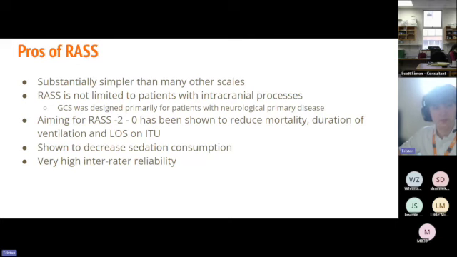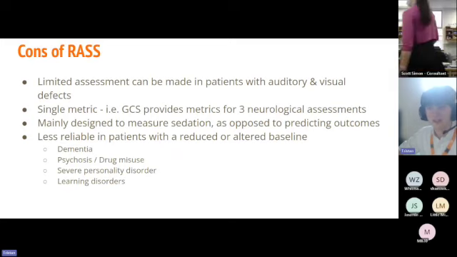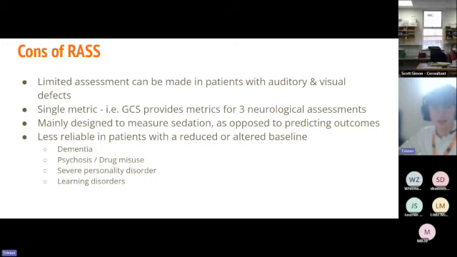So if one person goes up and assesses the patient, it's very likely that someone else going up will get the same score. In terms of cons, if patients have limited auditory or visual function, so they've got impairments in those systems, eye-opening and calling out to a patient isn't going to be particularly effective. Compared to GCS, again, it's a single metric. Whereas GCS provides 3 different metrics, you just get a single number with RASS.